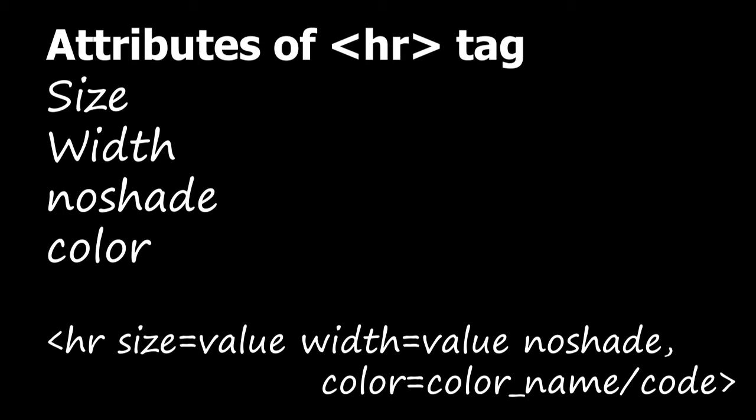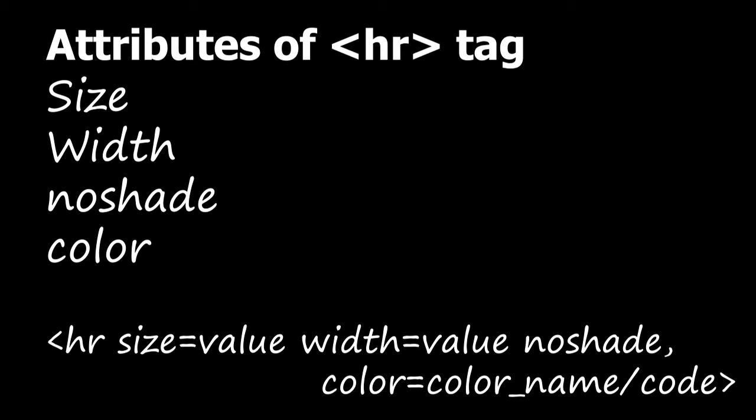Okay, and then the next one is width. Width specifies the horizontal width of the line, right? By default the rule is drawn across the full width of the browser. That means from the left end till the right end it will be there, right? The value of the width attribute may be the exact width of the rule in pixels, or it can be a certain percentage of the screen, right?